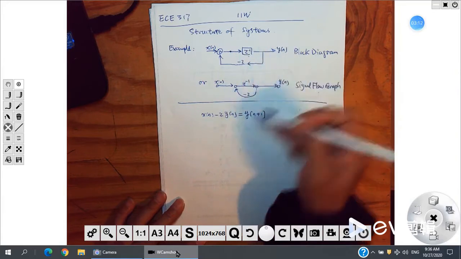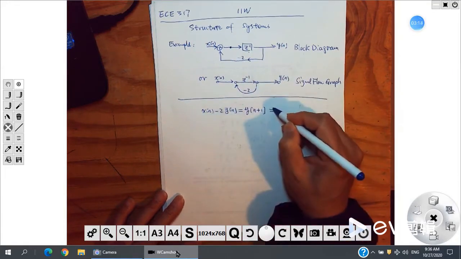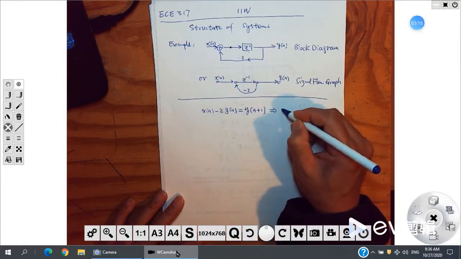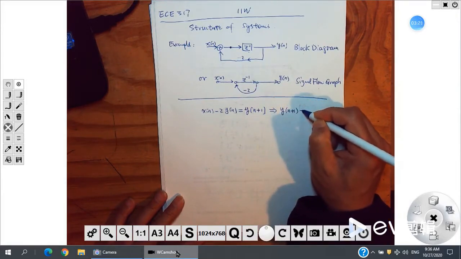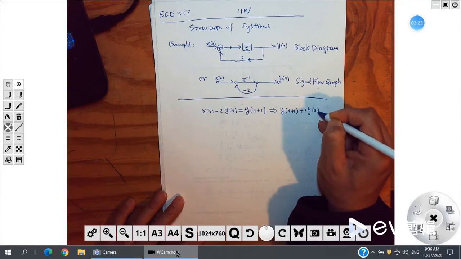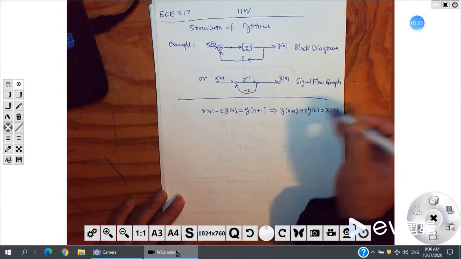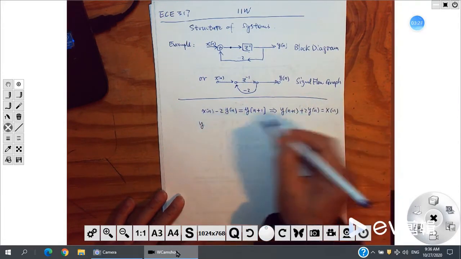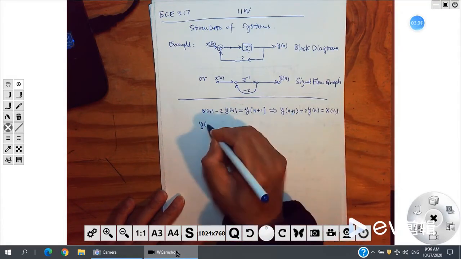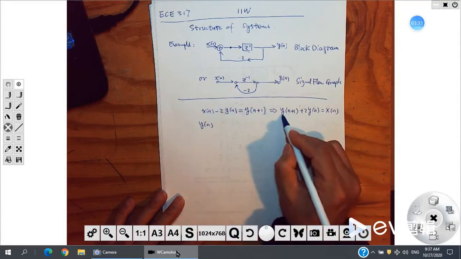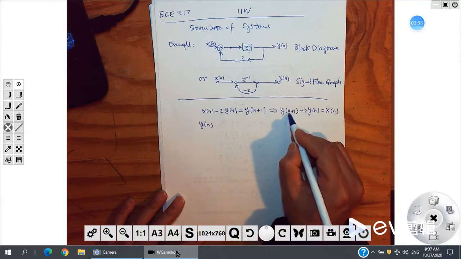Then we can have y of n plus 1 plus 2 of y of n equal to x of n. Usually we keep the highest value of n in y as n.